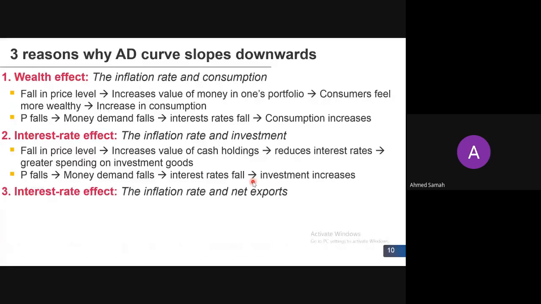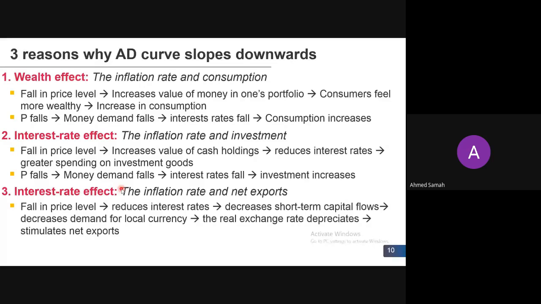The third one is the exchange rate effect, which shows the relationship between the inflation rate and net exports. So when there is a fall in price levels, it will reduce the interest rates as I have explained before. When there is a fall in interest rates, the short-term capital inflows to the country will also fall.